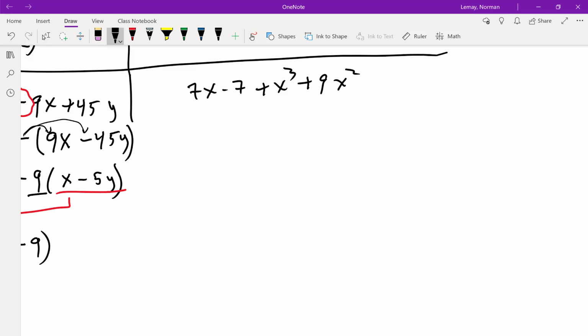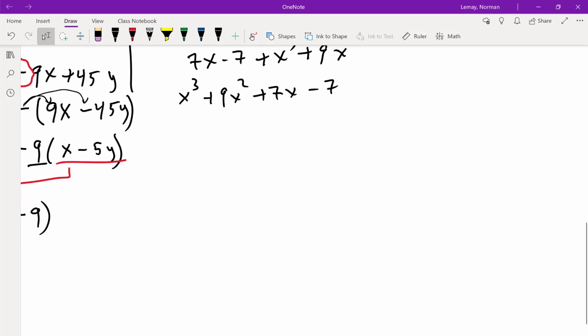So probably a good idea would be to reorder these terms. I'm going to reorder these terms in the form of x cubed plus 9x squared plus 7x minus 7. And again, I'm going to group the first two terms and group the last two terms.